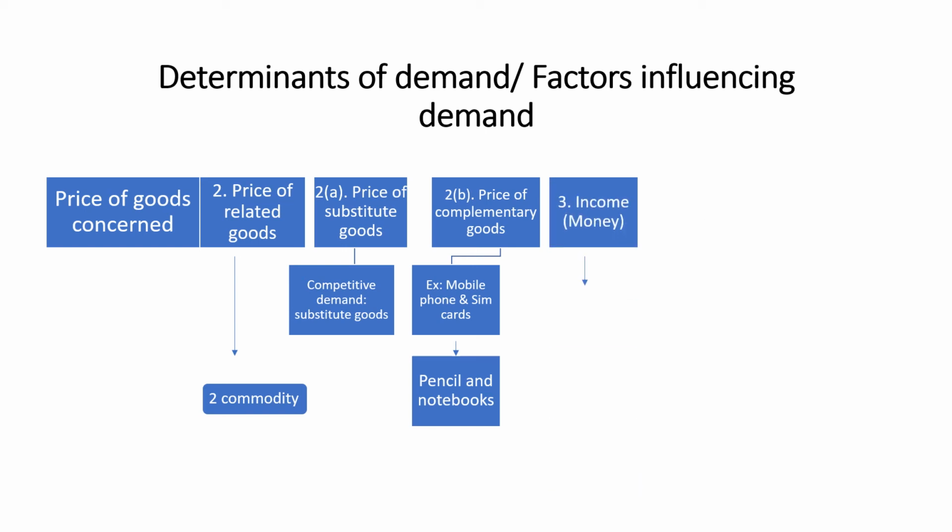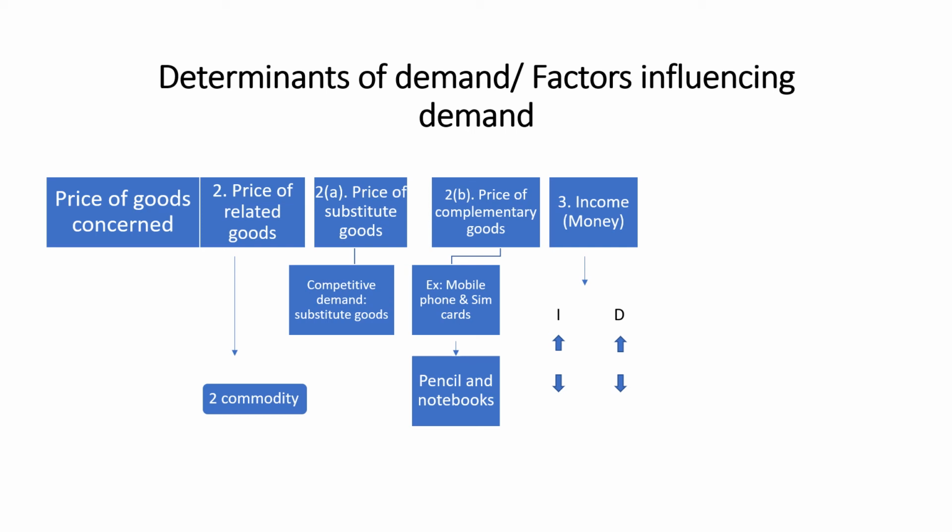Now the next one, that is income. When I say income, I am talking about money. When you earn more money, you will purchase more quantity of goods. That is, the demand for goods will be high. When the income is low, the demand for a commodity will also be low. For example, yesterday I was getting a 5,000 salary. At a 5,000 rupee salary, I used to spend 2,000 on household expenses only.